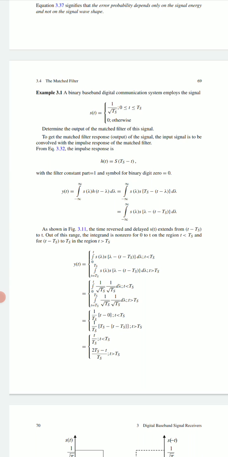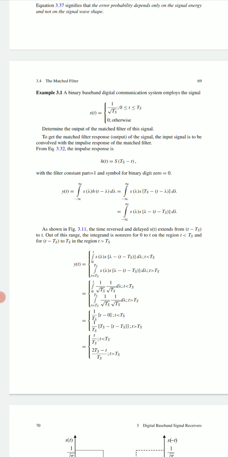Here we can say the time reversed and delayed s(t) will extend from t minus Ts to t, and out of this range the integrand is non-zero from 0 to t in the region where t is less than Ts, and 2Ts minus t in the region where t is greater than Ts.